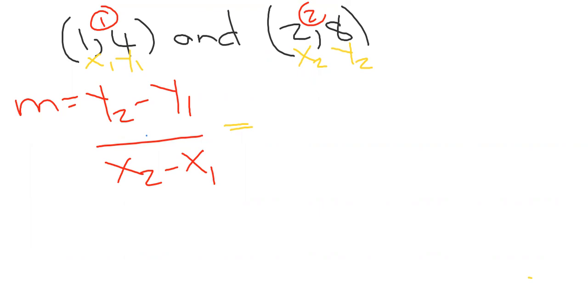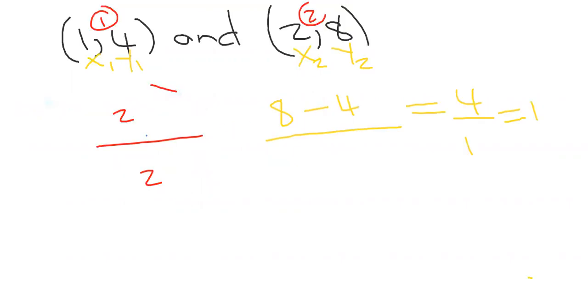Our y2 is 8, our y1 is 4, our x2 is 2, our x1 is 1. Solving this, we get 8 minus 4, which is 4, over 2 minus 1, which is 1, and 4 divided by 1 gives 4. So our gradient is 4.